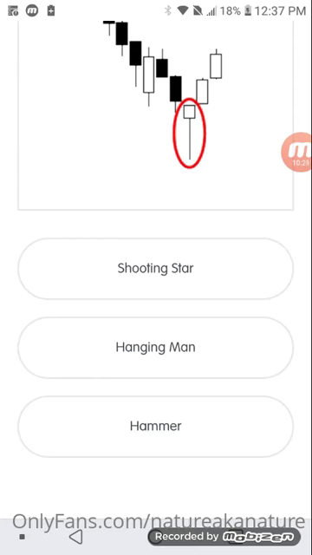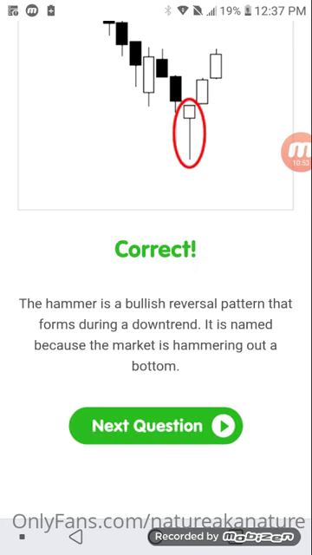For this candlestick to be validated, you must see two white candlesticks above the hammer, as you can see right there, meaning that buyers are now in a position and price is heading back up. A hammer is a bullish reversal pattern that forms during a downtrend. It's named because the market is hammering out at the bottom.